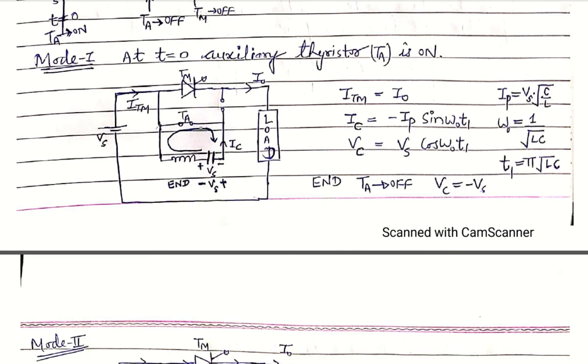But when thyristor TA is on, the maximum current flowing is the charging current flowing in this path. So the maximum value will be Vs under root C by L, because it is the peak current of this sine nature. So IP equals Vs root C by L.